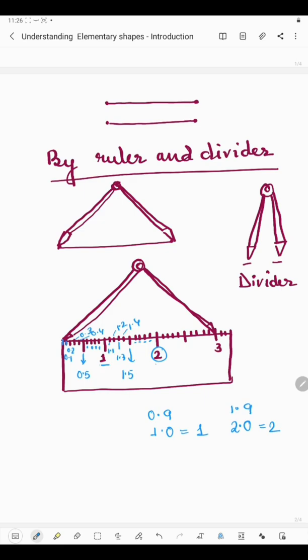Again in between 2 and 3, this is 2.5, and this is 2.1, 2.2, 2.3, 2.4. Then 2.5, 2.6, 2.7, 2.8, 2.9. After 2.9 is 3.0, which is written as 3. So that means this line segment is 3 centimeter. In this way we will measure the line segment.